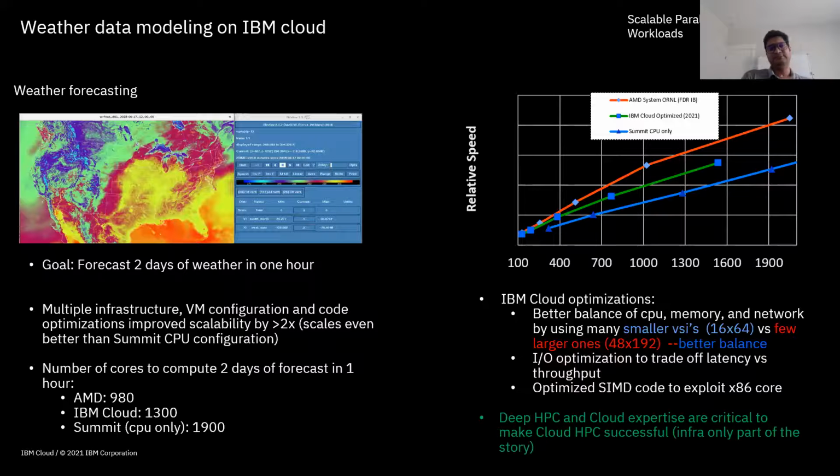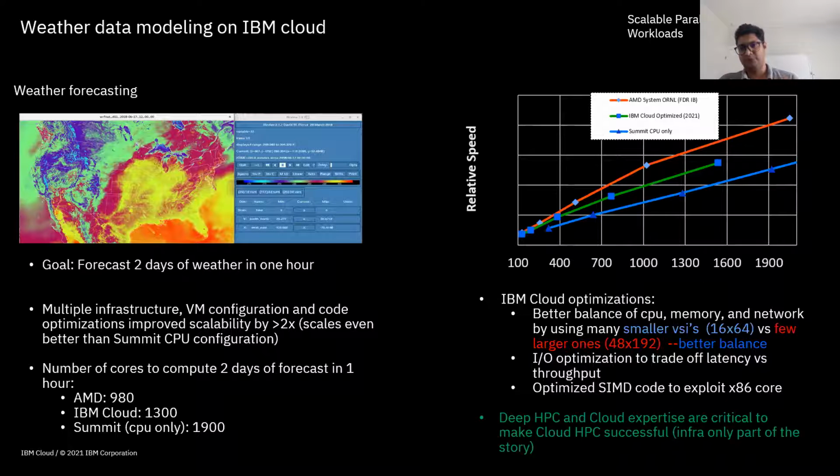Now, this is another example where some of the researchers within IBM Cloud used cloud infrastructure and compared it with our Summit infrastructure or AMD at the ORNL lab. So the task was to see, is cloud efficient in this kind of work? They wanted to forecast 2 days of weather in an hour.